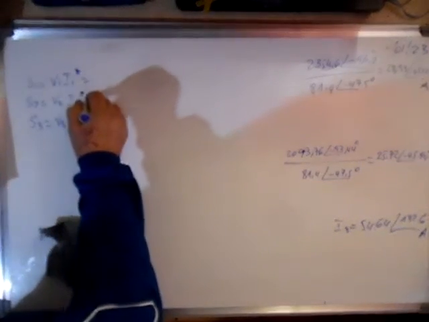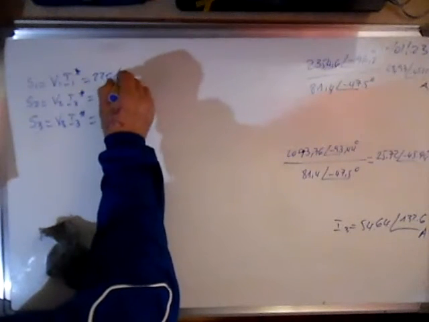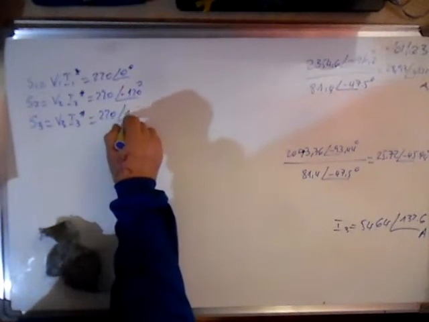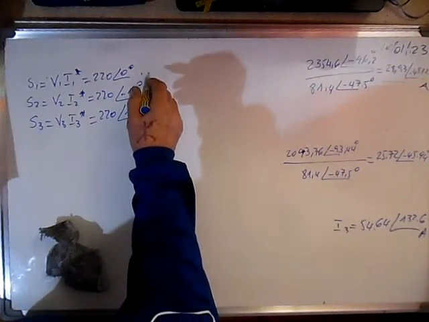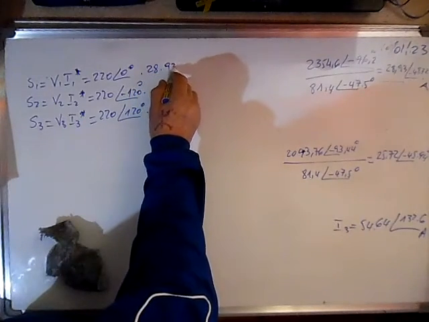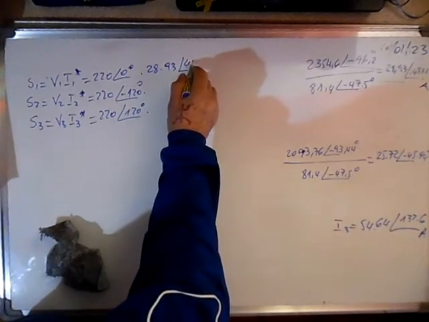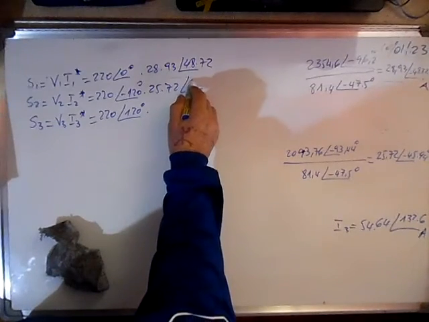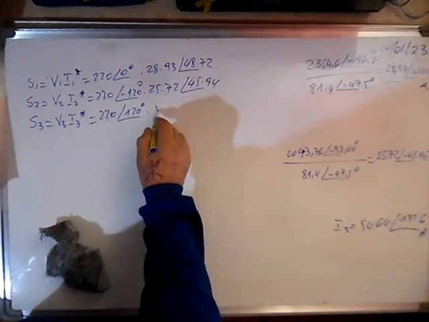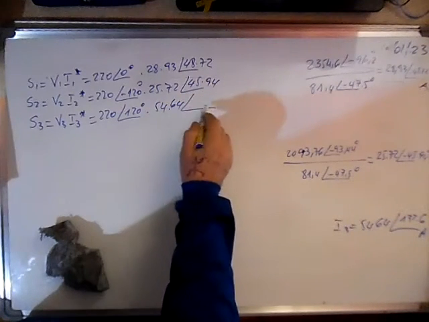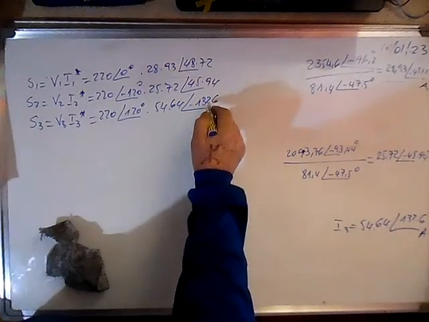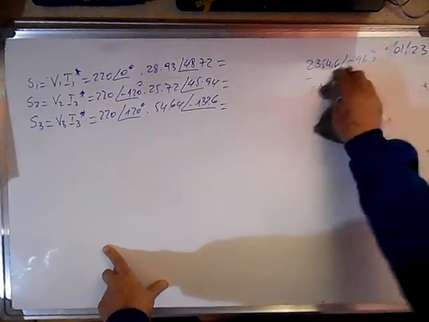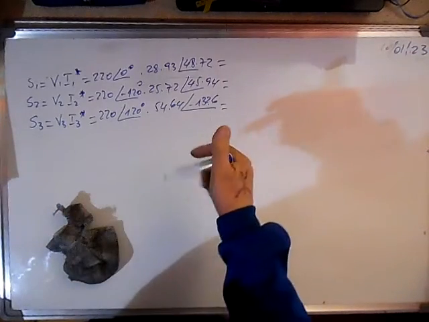So 220 at 0 degrees for V1, 220 at minus 120 degrees, 220 at plus 120 degrees, times the conjugate of I1, plus 48.72, here it's 25.72, plus 45.94, and here 54.64 and minus 132.6.